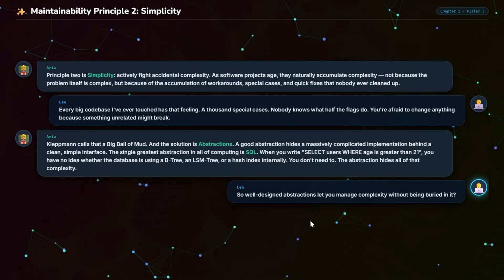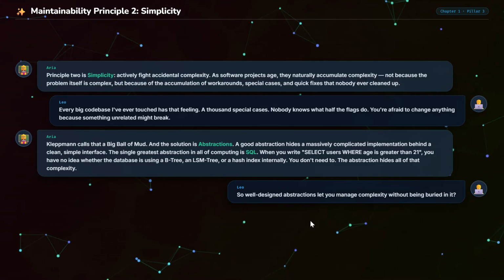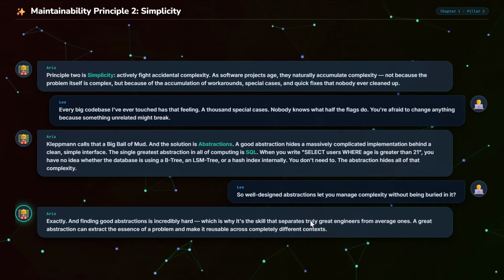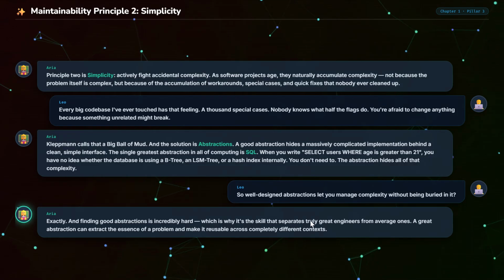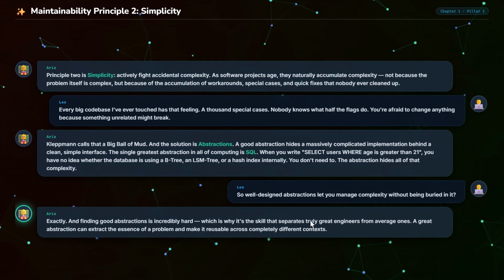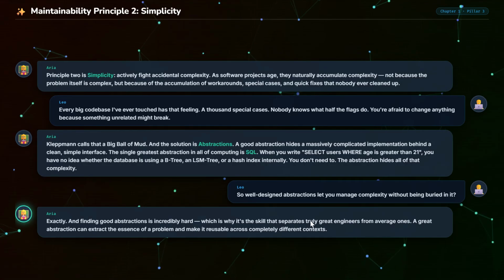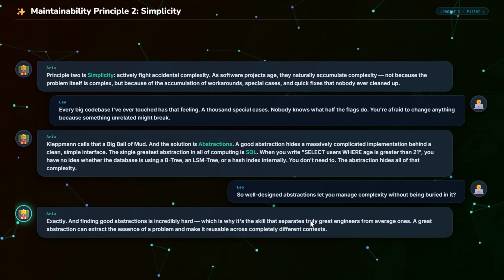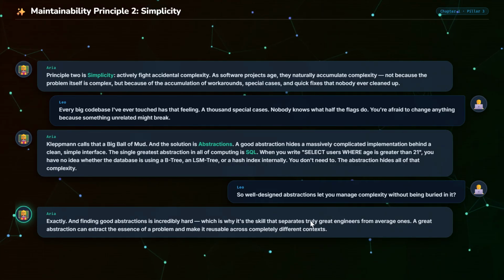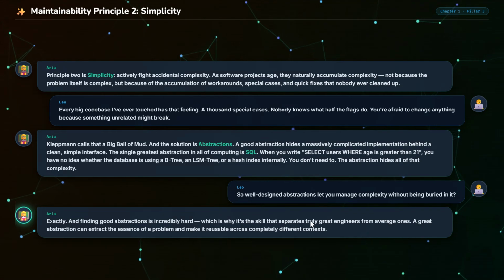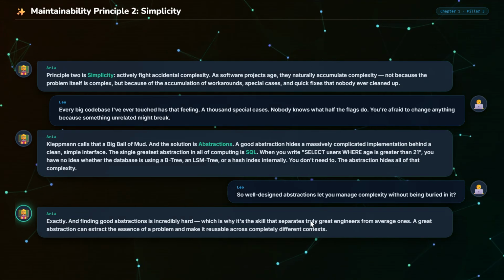SQL is an abstraction. A perfect one. When you write select users where age is greater than 21, you have absolutely no idea whether the database is navigating a B-tree index, or reading a sorted LSM tree, or using a hash index, or doing a full table scan.